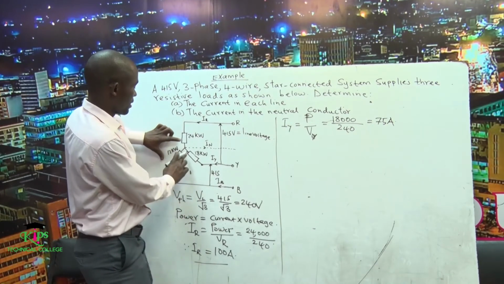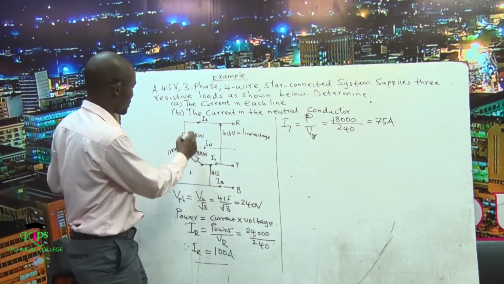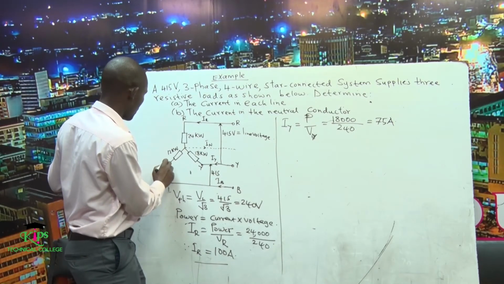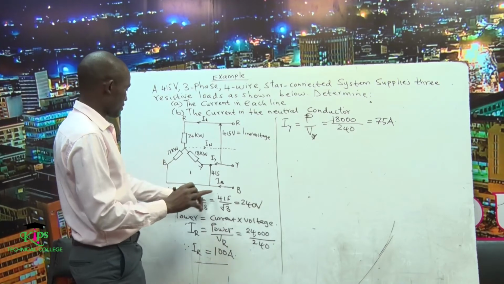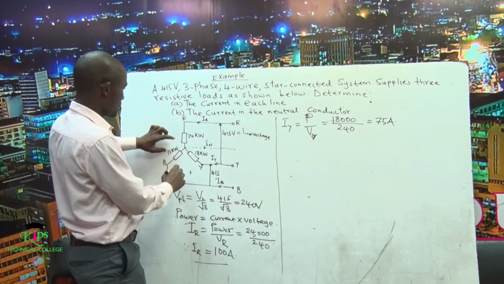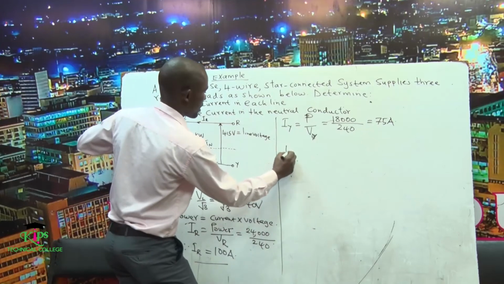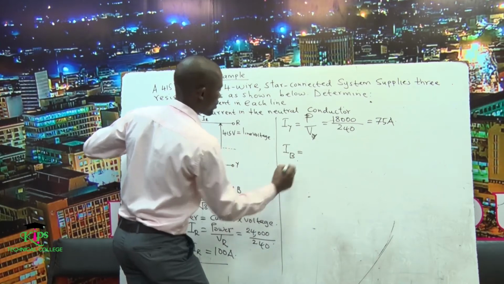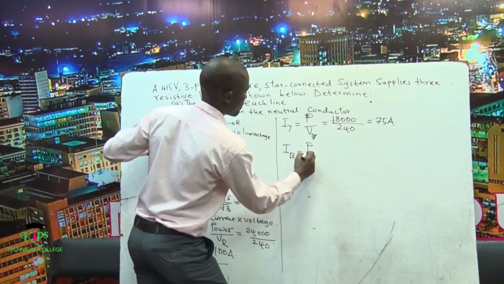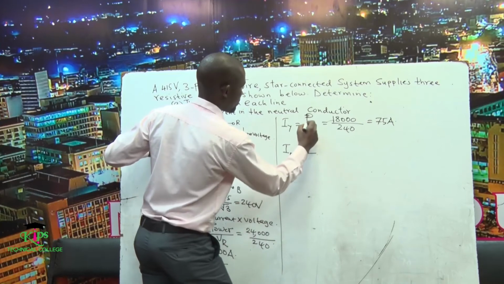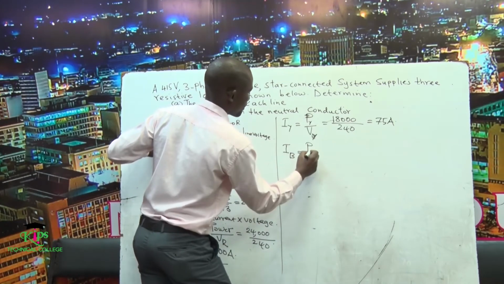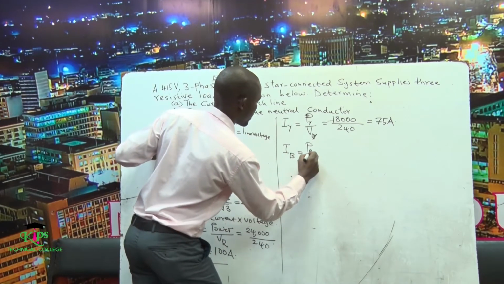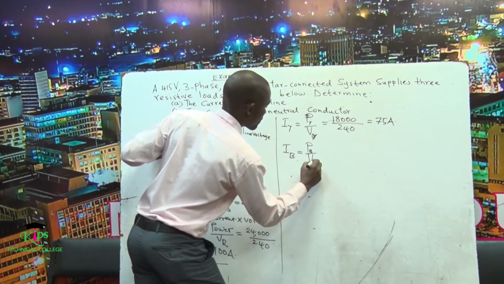The next step is to get the current across the blue phase. Remember, this is our red, this is our yellow, and this is our blue. The current coming to the blue phase, IB, will be equal to the power across the blue phase divided by VB.